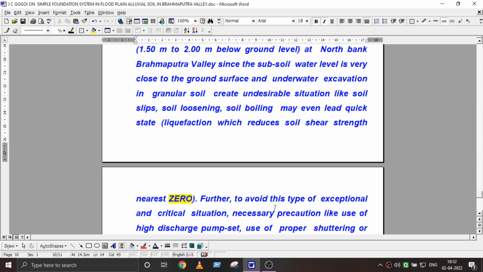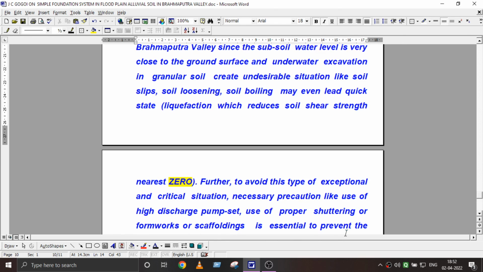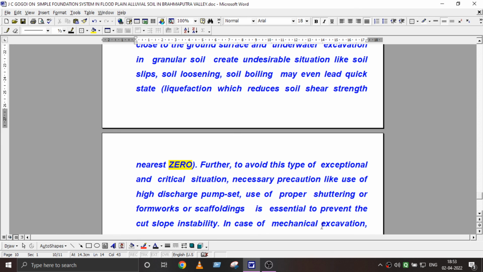Further, to avoid this type of exceptional and critical situation, necessary precautions like use of high discharge pump sets, and use of proper shuttering or formworks or scaffolding are essential to prevent cut slope instability.